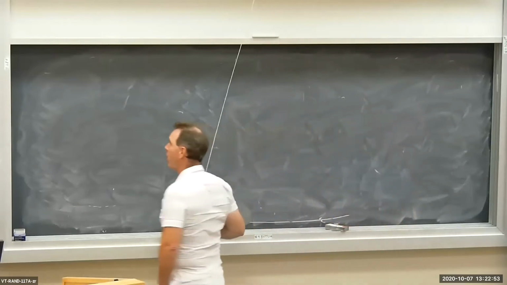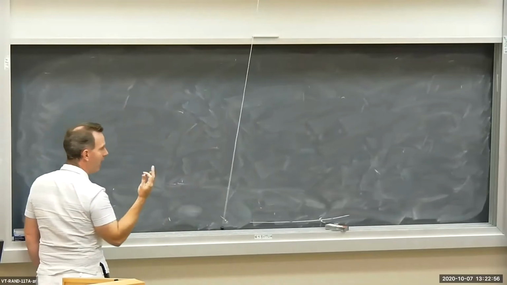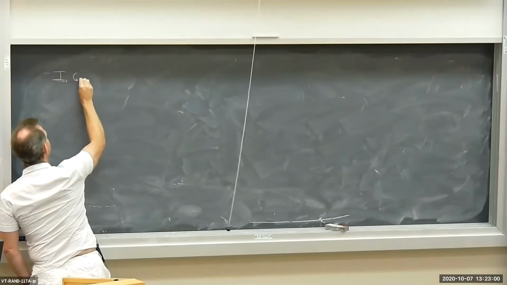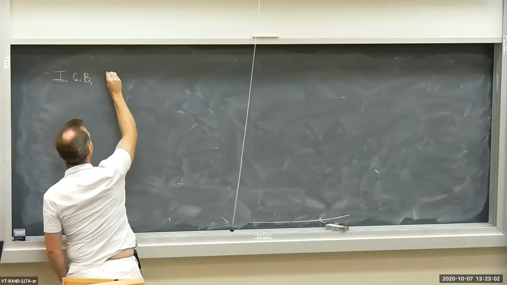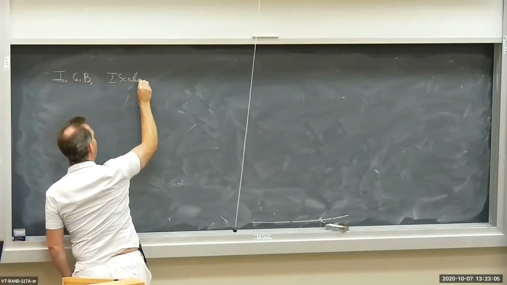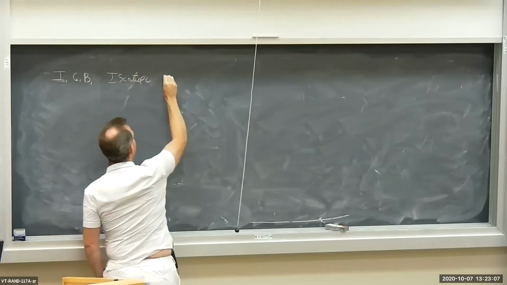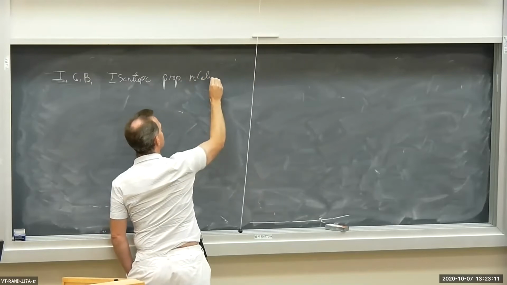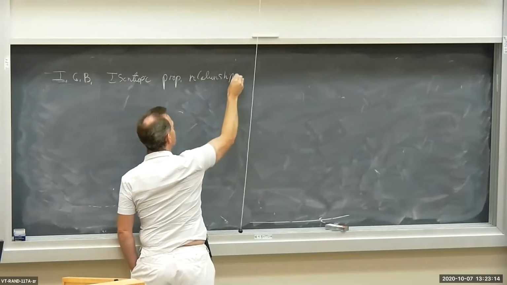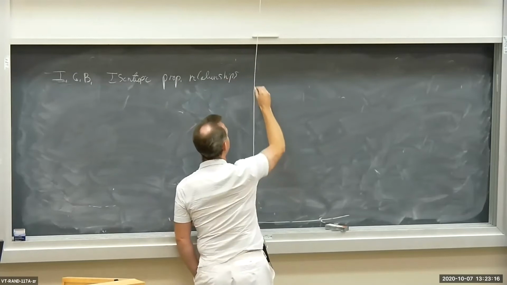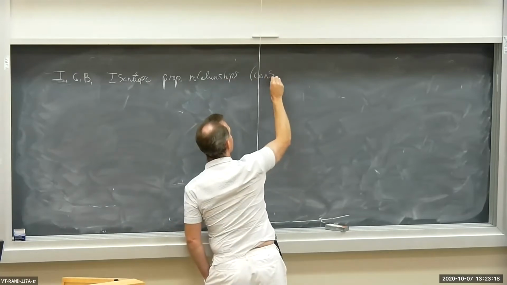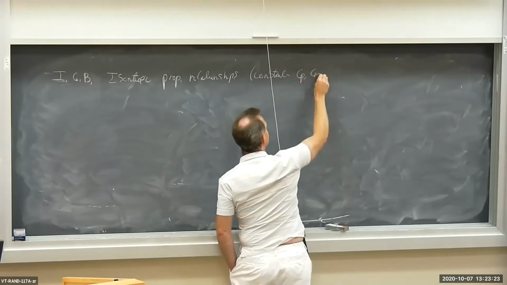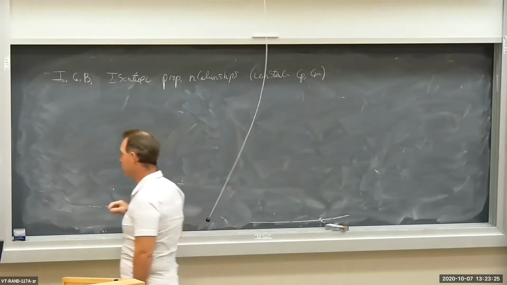So the isentropic property relationships, ideal gas, IGB, ideal gas behavior, isentropic property relationships. And we're going to look at constant specific heats first. Constant CP and CV, constant specific heats.